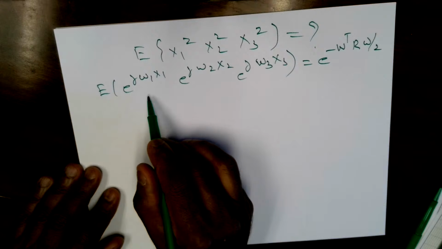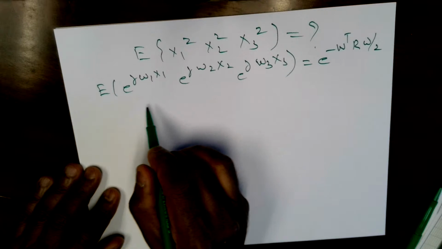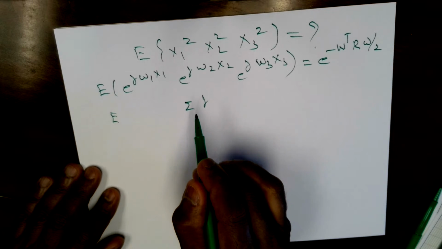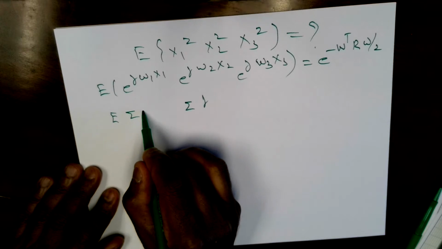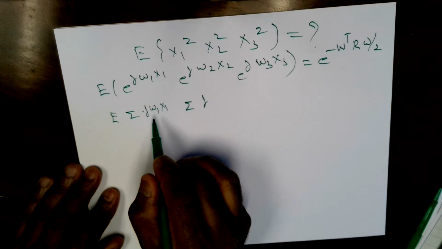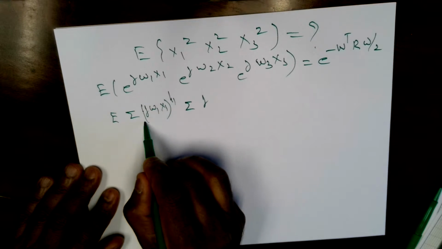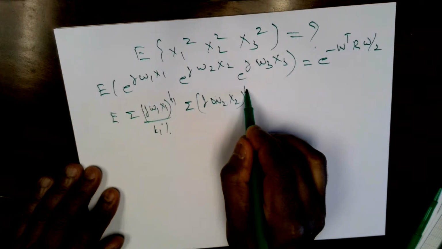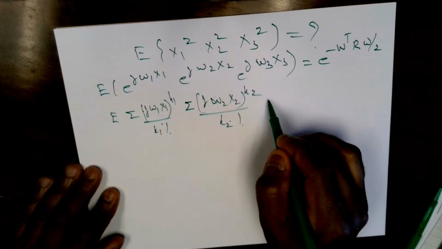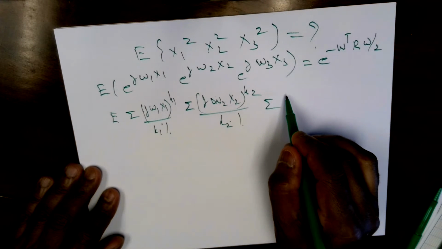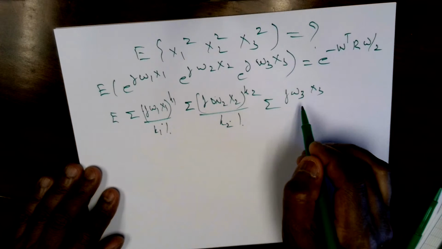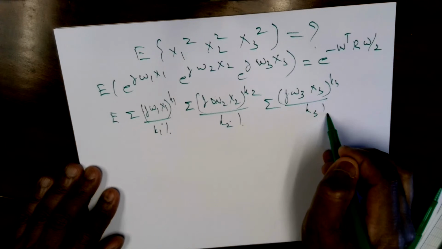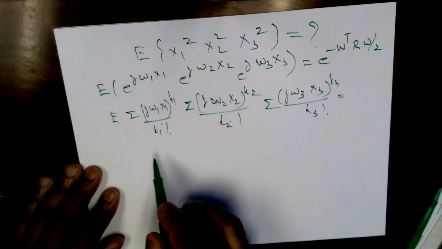And this, if you expand as before, is the expected value of three terms like this: e^(j omega 1 x1) to the power k1 over k1 factorial, (j omega 2 x2) to the power k2 over k2 factorial, (j omega 3 x3) to the power k3 over k3 factorial.